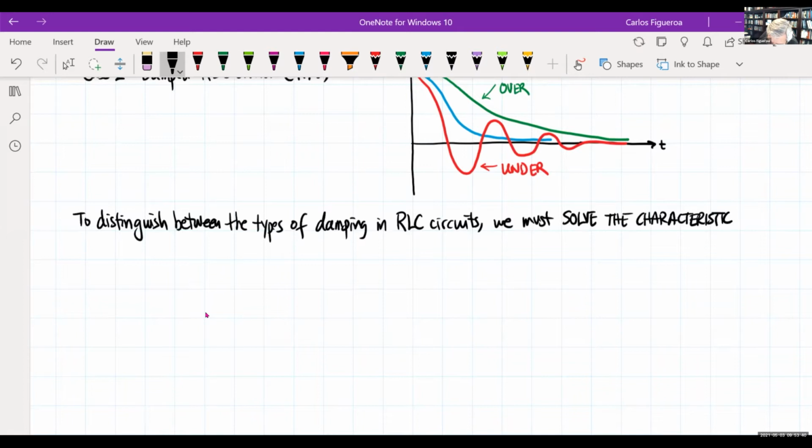And I'm pretty sure from past experience that this is what you did in Math 7, right? You solved the characteristic equation to get the characteristic roots.